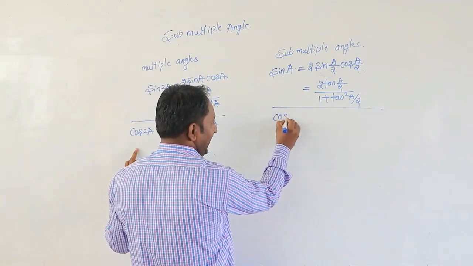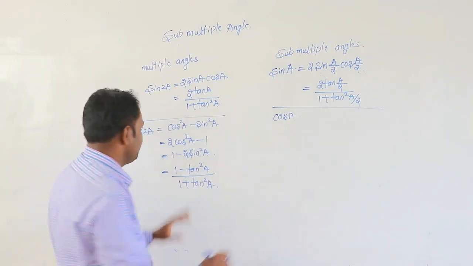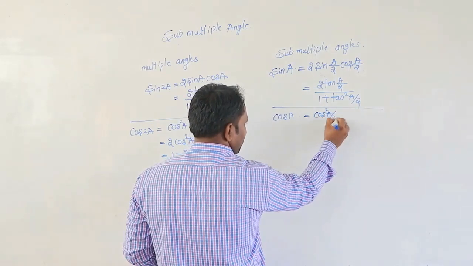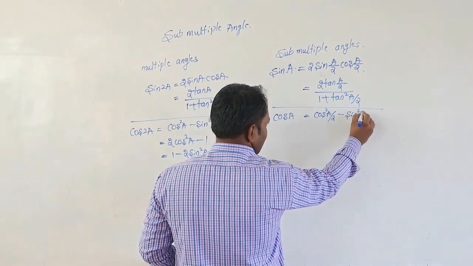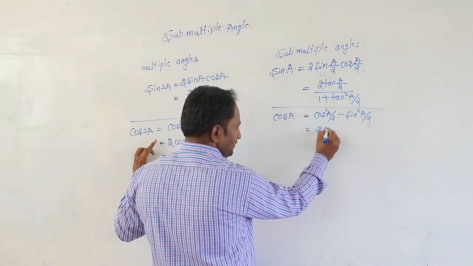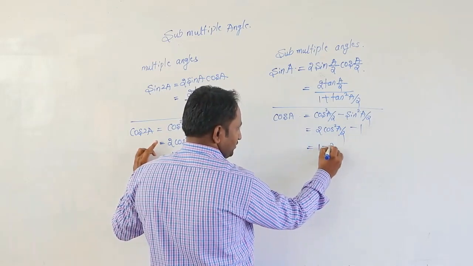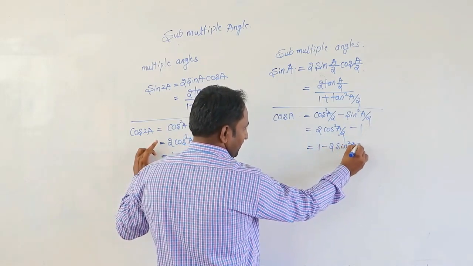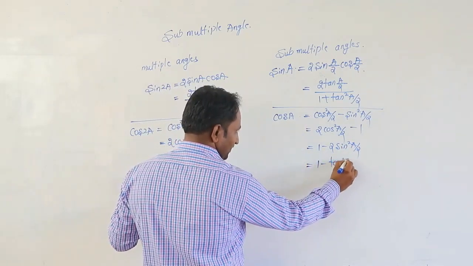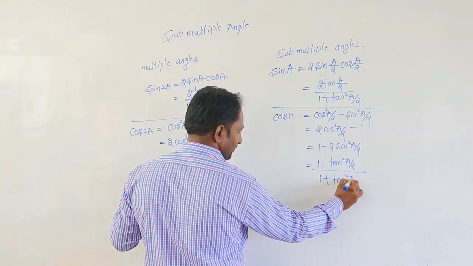Here cos of a, because 2a can be reduced into a, exactly half of its formula is cos square a by 2 minus sin square a by 2. Then 2 cos square a by 2 minus 1, 1 minus 2 sin square a by 2, is equal to 1 minus tan square a by 2 divided by 1 plus tan square a by 2.